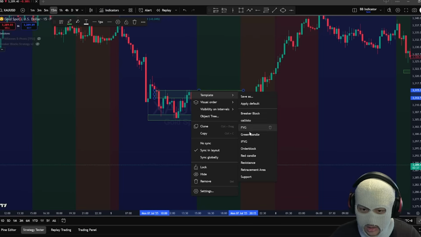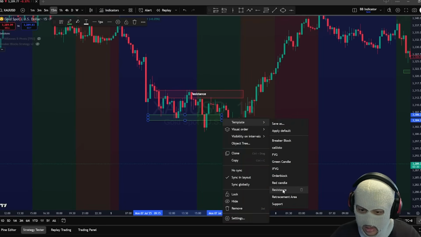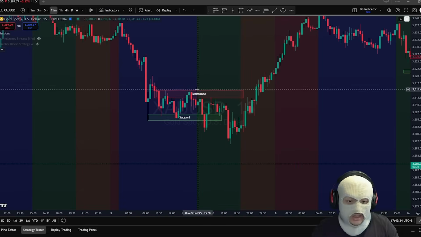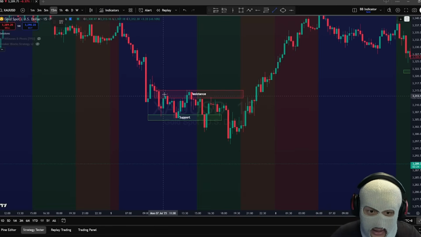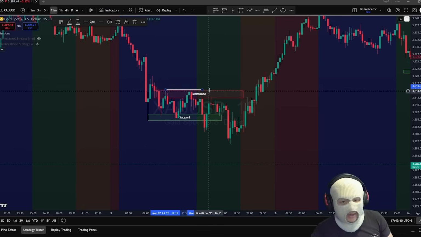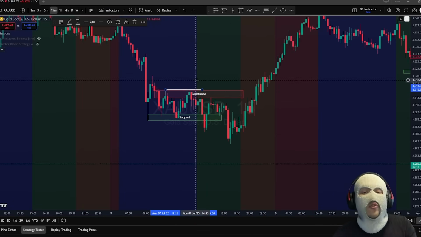Another range. We have our resistance and our support. During this price action, you can see a higher high, lower low. Price came super close to it, created equal highs. It's not clear that the market wants to break out. There's no volume.